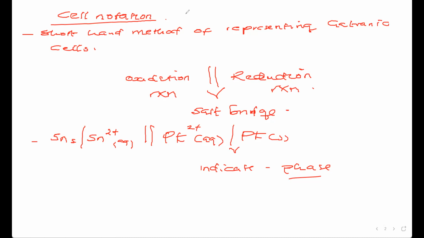So this is our cell notation for that reaction. The right-hand side is the reduction reaction, the left-hand side is the oxidation reaction. Is that fine? Yes, it is. All right, perfect.